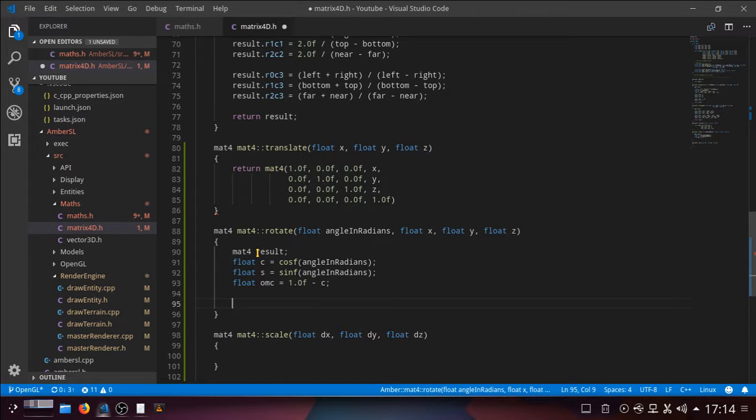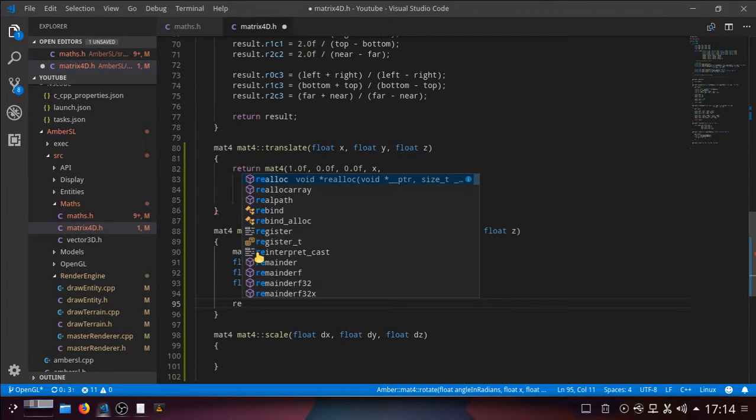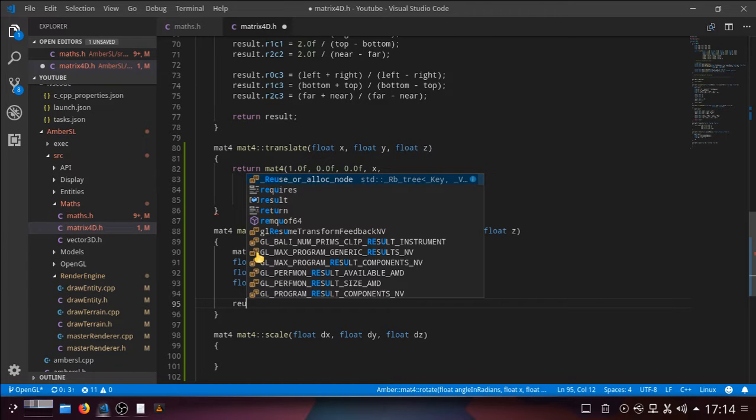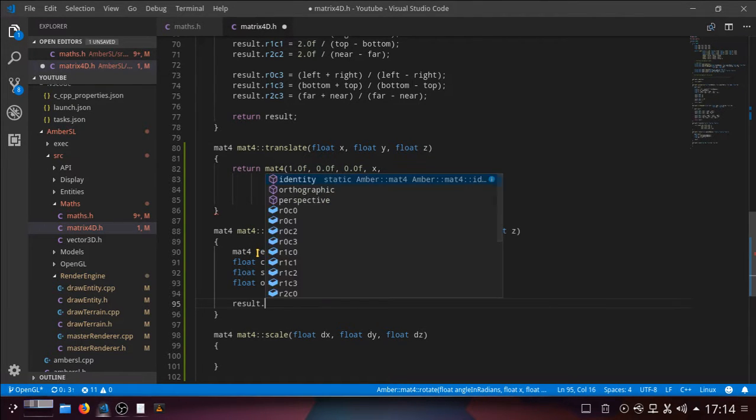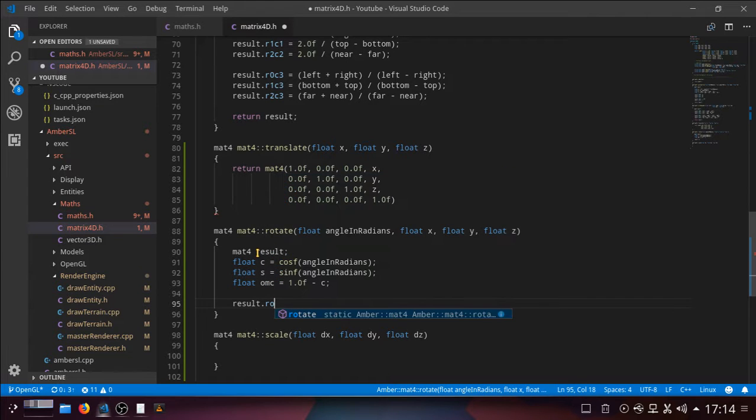Right, let's do this. Result, well, we'll do it bit by bit, so we'll do column 0 first. I'll do it in columns. Result, and it's going to be dot R0 C0, and that's going to be equal to something.